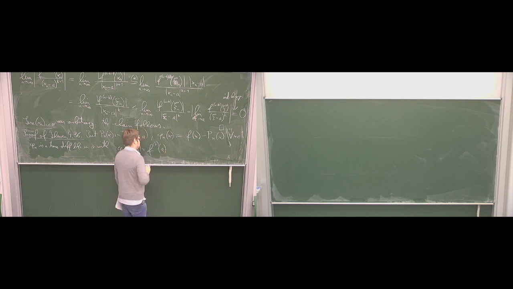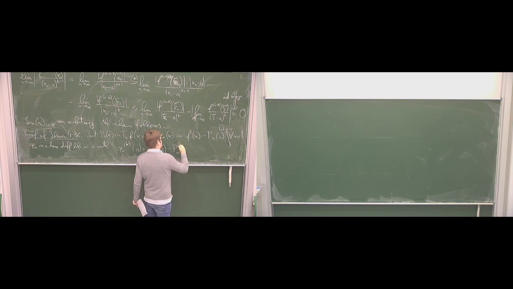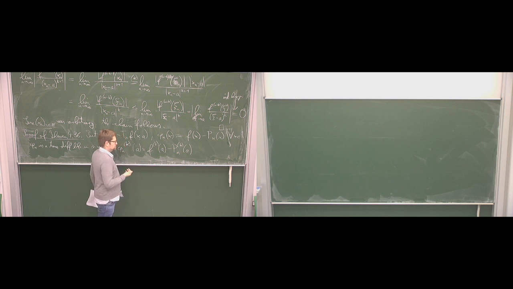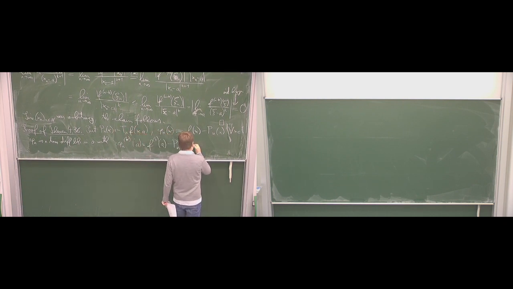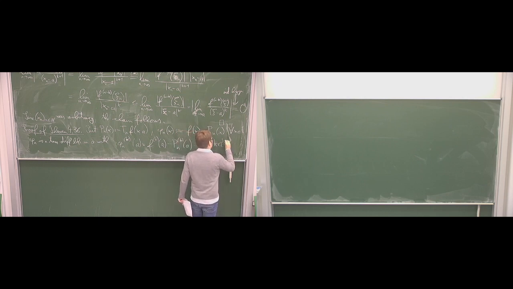So f^(k)(a) minus the kth derivative of P_n in a. But we've computed that the Taylor polynomials really have this property. This is what was the motivation for the definition of the Taylor polynomials, that this is 0. So these derivatives are all the same, for all k between 0 and n.